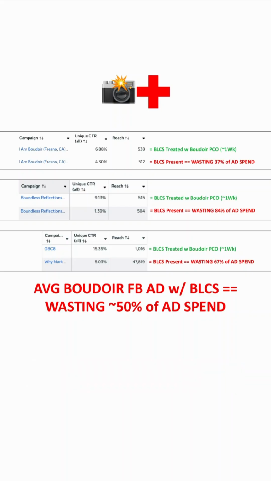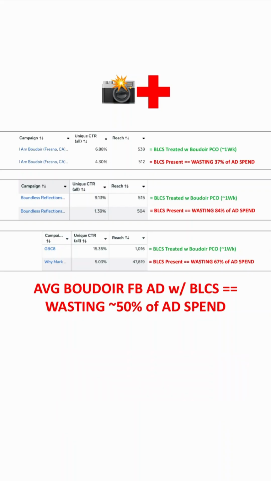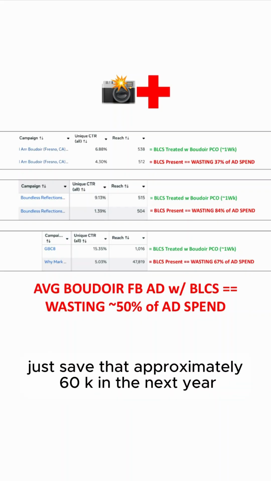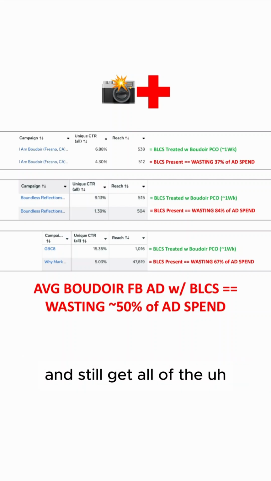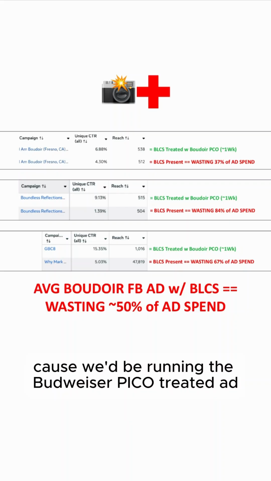And you want to save or eliminate approximately 5 grand a month in boudoir Facebook ad costs, literally just save that, approximately 60K in the next year, and still get all of the ad into the same number of women's brains because we'd be running the boudoir PICO treated ad.